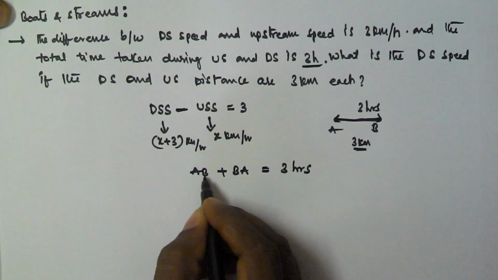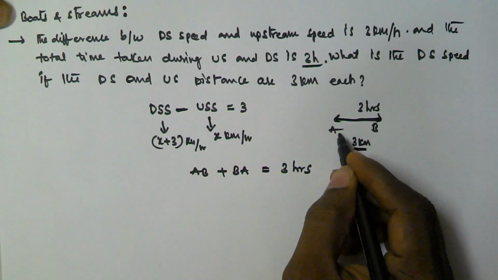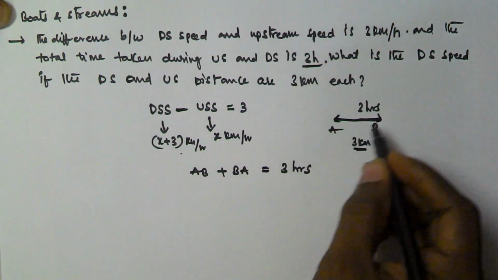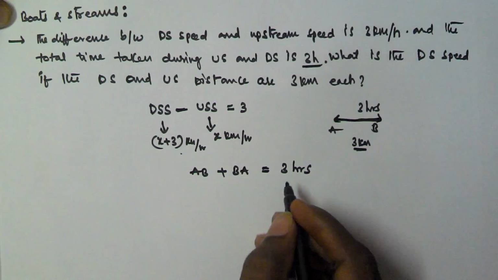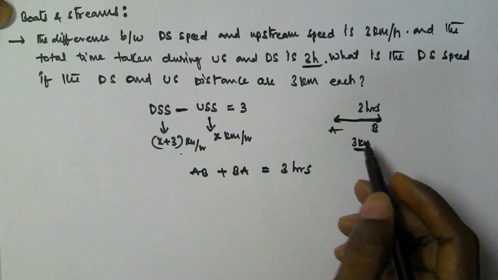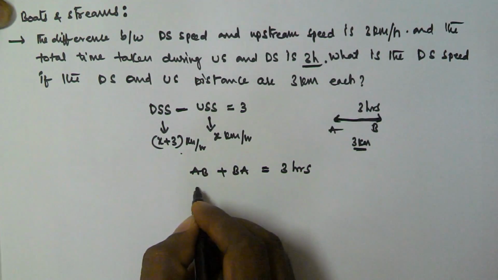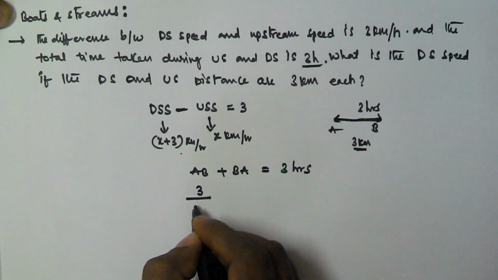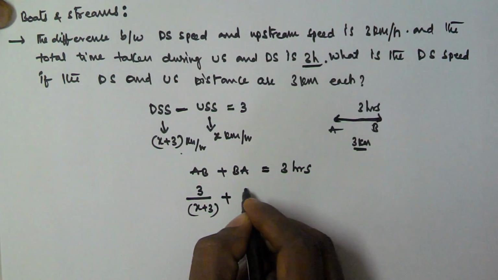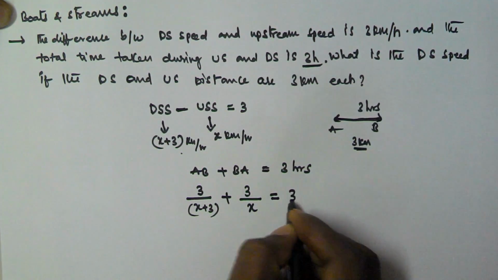A to B distance is 3 kilometers, and B to A distance is 3 kilometers, and the speed traveling from A to B is x plus 3 kilometers per hour and B to A is x kilometers per hour. So we know the distance and speed, and from that we get the time. So A to B distance is 3 kilometers and the speed is x plus 3, plus B to A distance is 3 kilometers and the speed is x, and that is equivalent to 3.